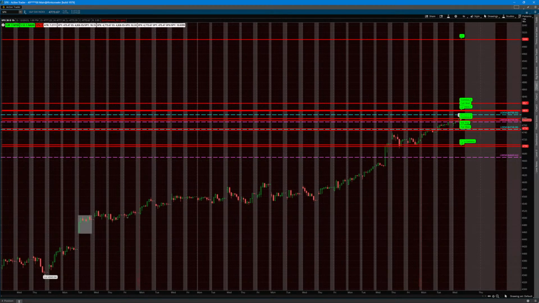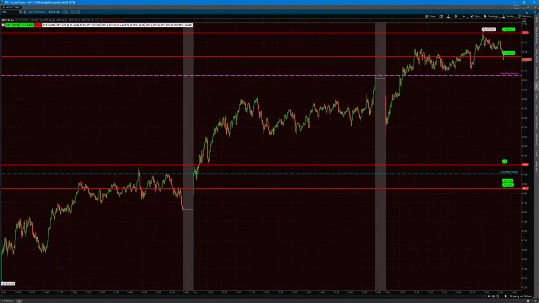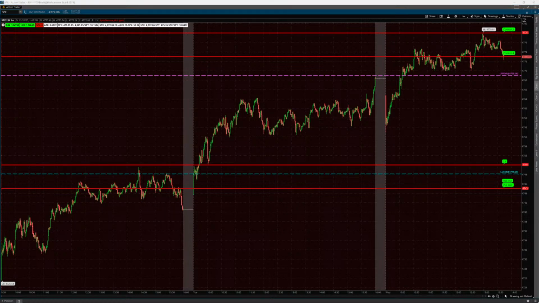Let's just take a look at one other SPX chart. Now go to a 1 minute chart so we can see the levels in play for today. So the dark area over on the right here is today. This is the cash open for today.